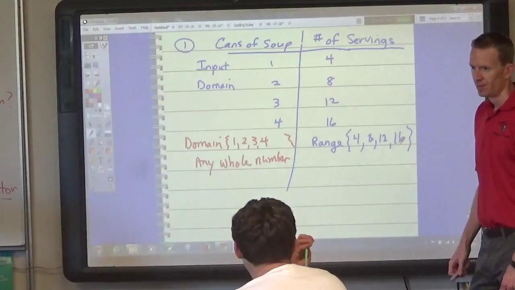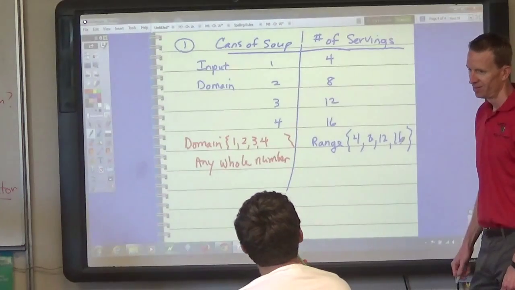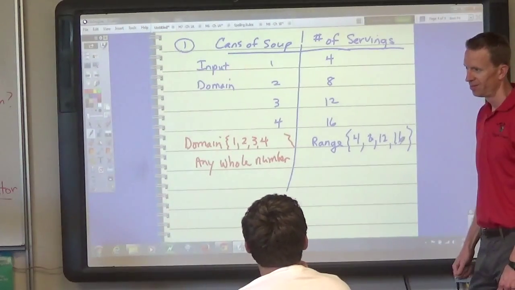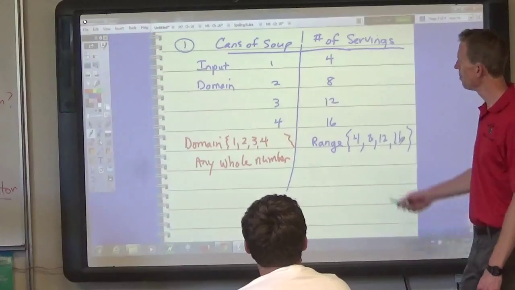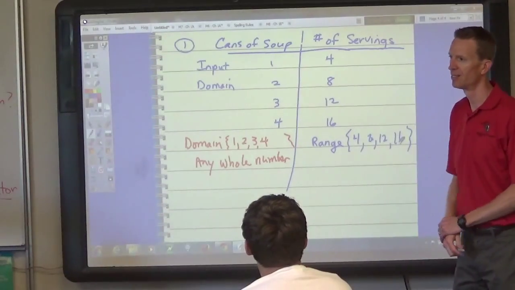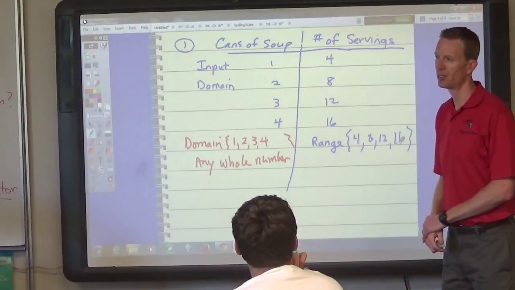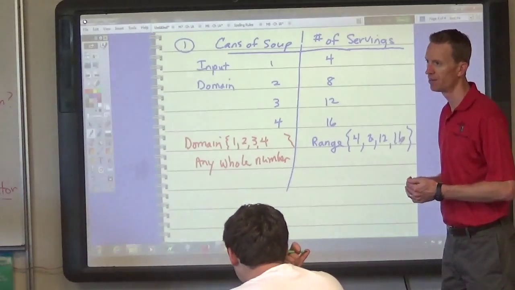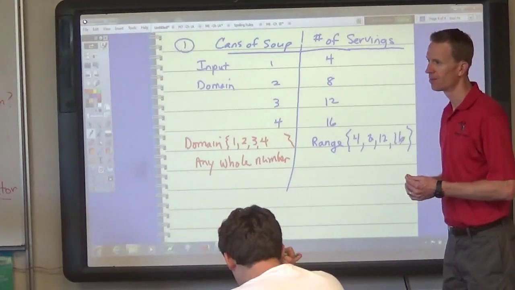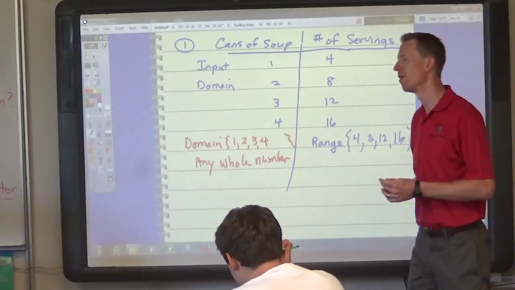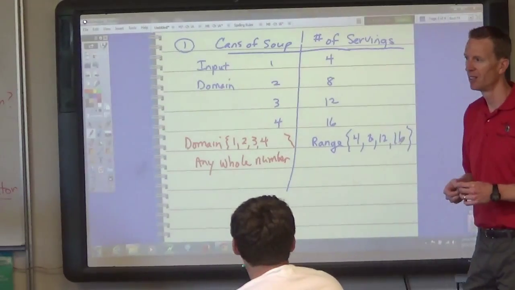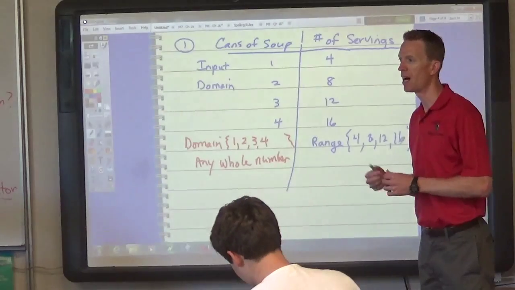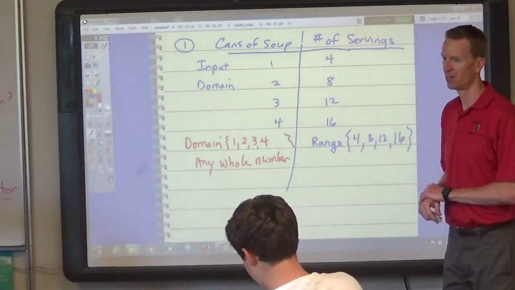A reasonable number. Would it have to be whole numbers for servings? Probably not. So any rational number, yep, except probably not negative numbers, obviously. So any positive rational number, right?